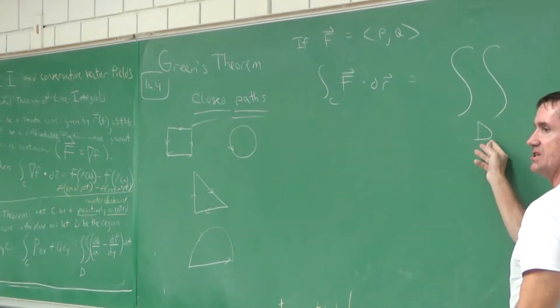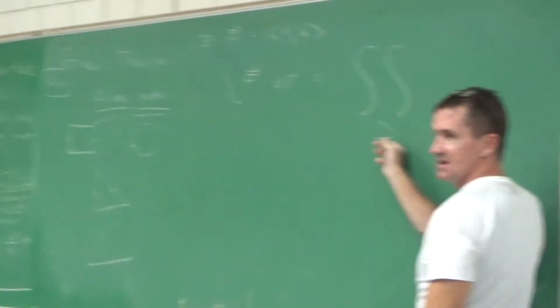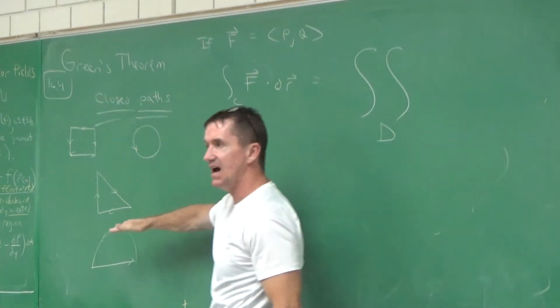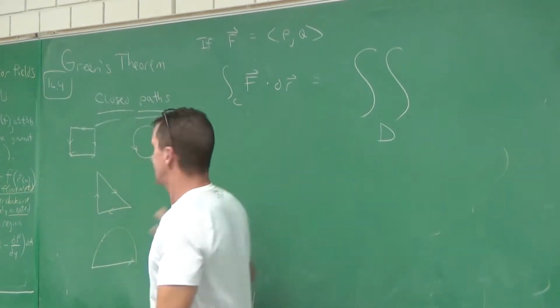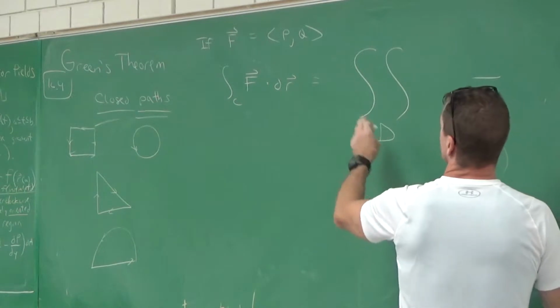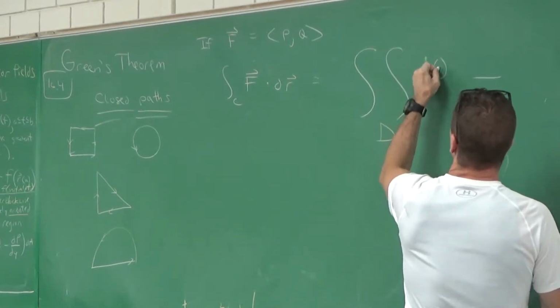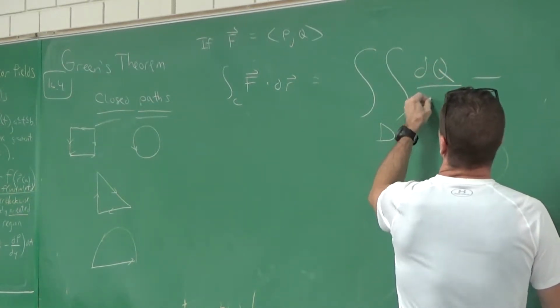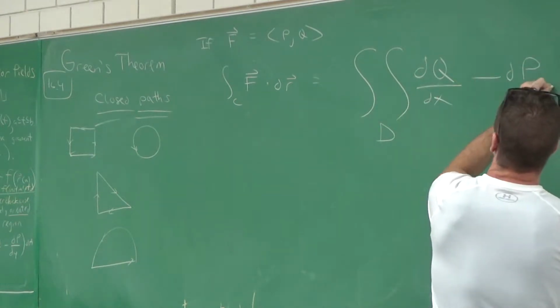D is the region that bounds that closed path, like the region inside, think area. For a double integral, and he just does dQ dx minus dP dy.